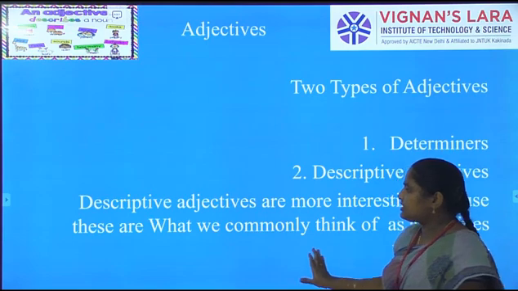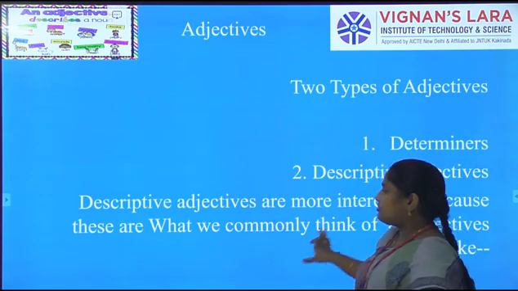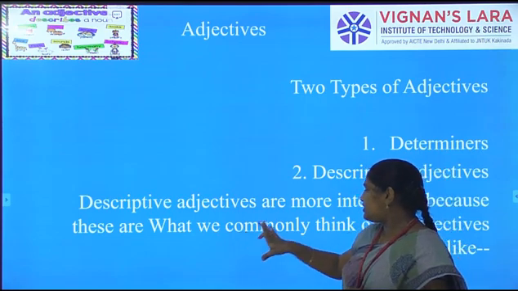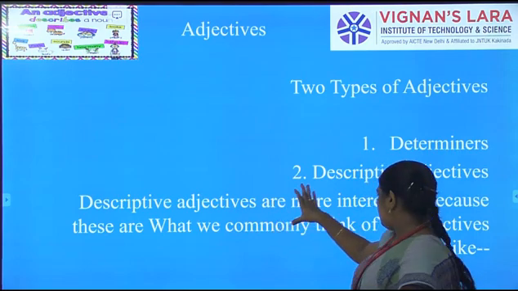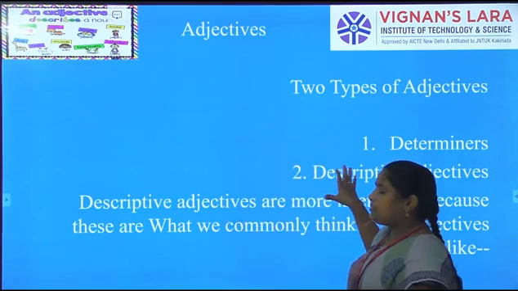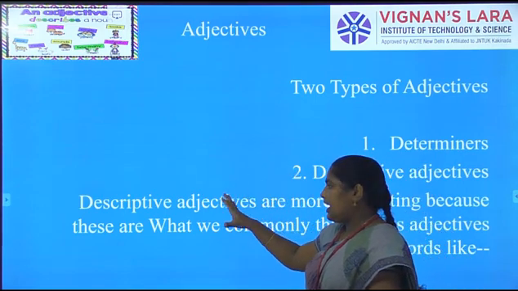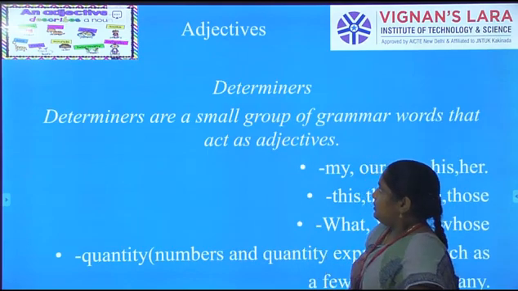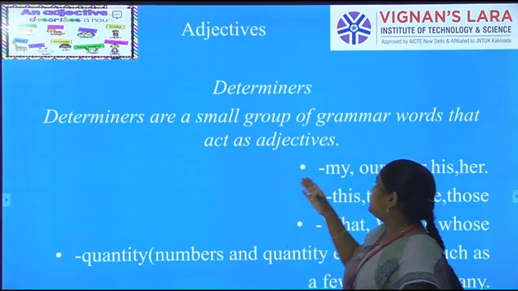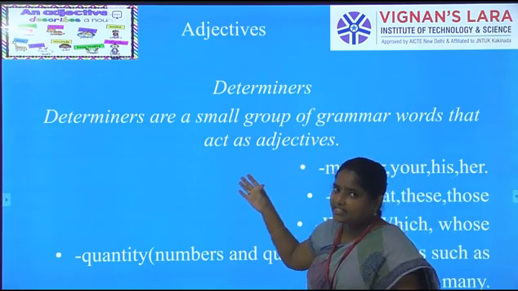Descriptive adjectives are more interesting because these are what we commonly think of as adjective words. They give more information. Determiners are a small group of grammar words which act as adjectives.